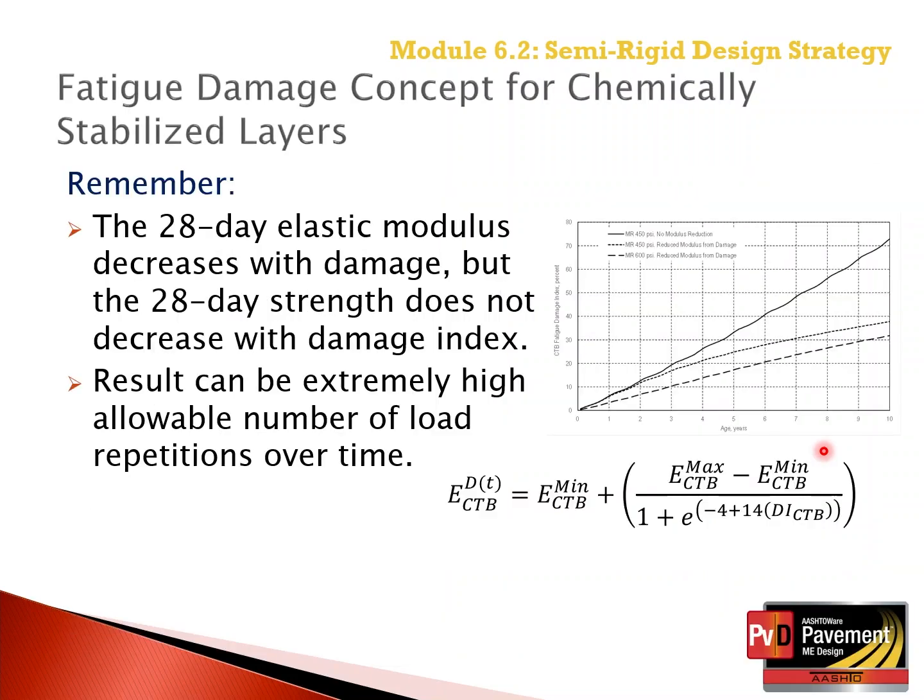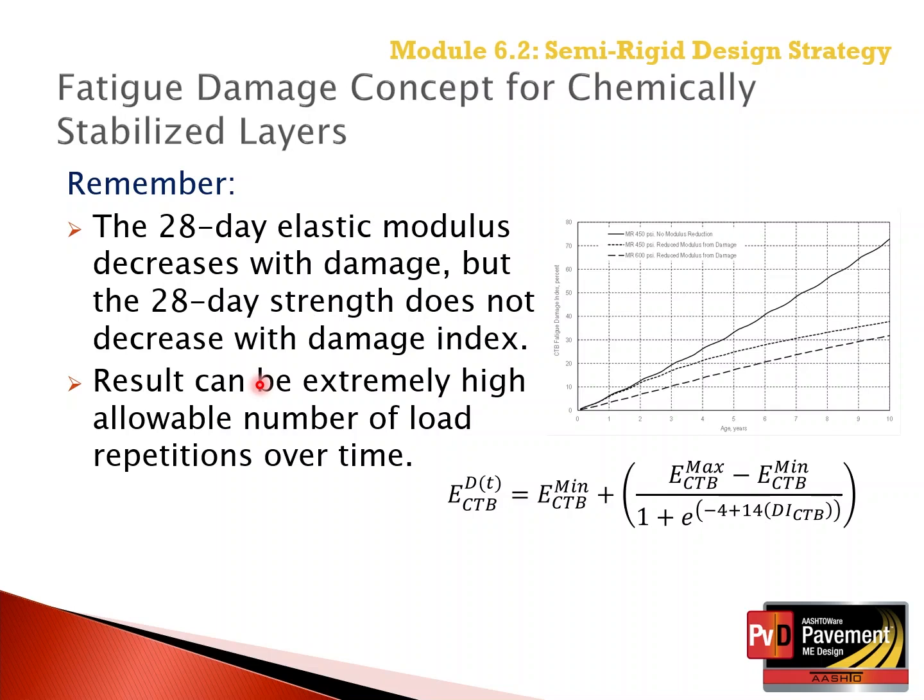So remember, the 28-day elastic modulus decreases with damage if we're using the modulus reduction, but the 28-day strength value does not decrease with damage. The result can be extremely high allowable number of load applications or very long lives of relatively thin semi-rigid pavements.